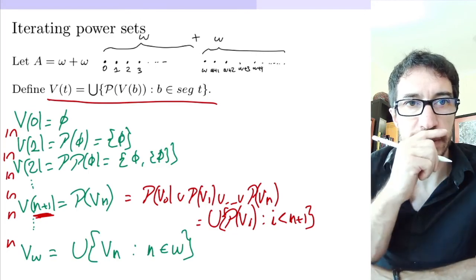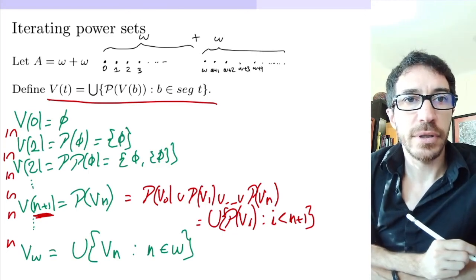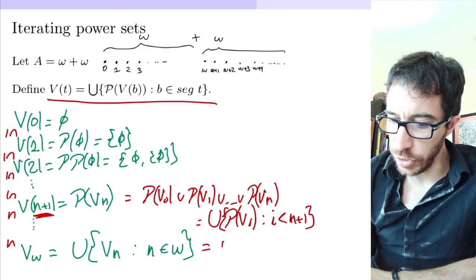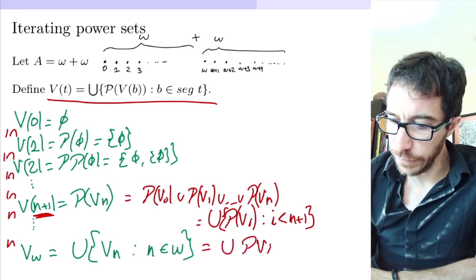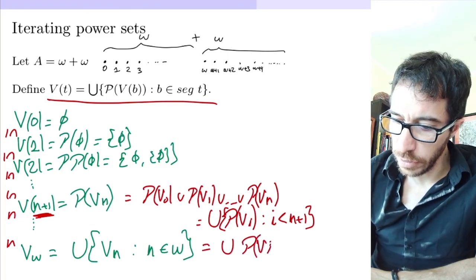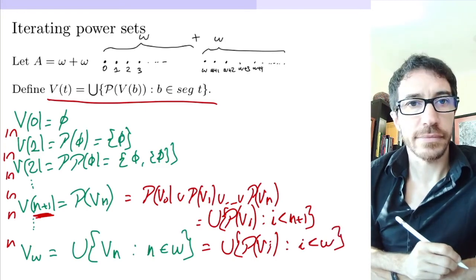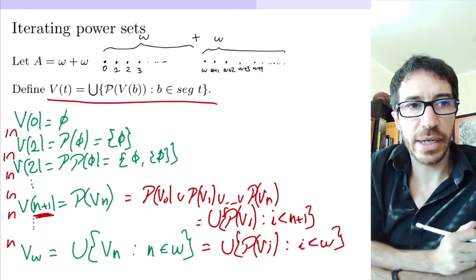And then that has the form that we want up there, right? And then V omega is the union of the power set of Vi for i less than omega. Correct? So that's what we have up there.